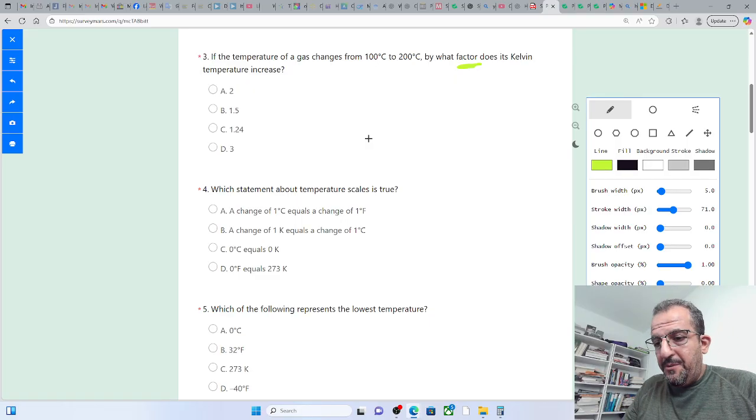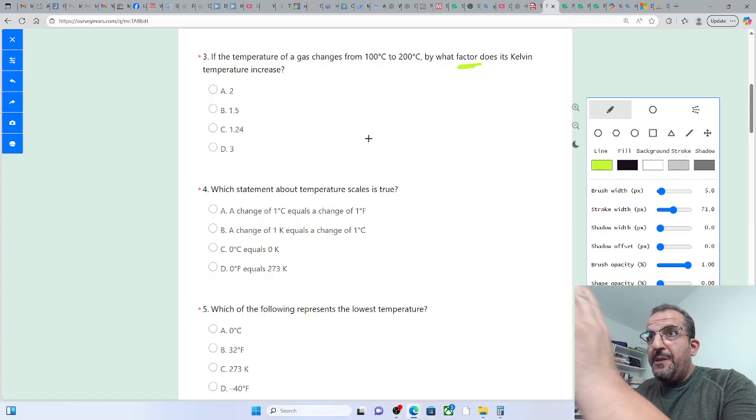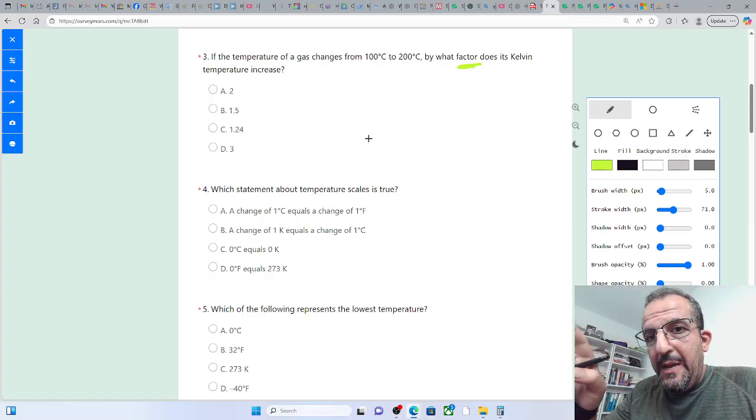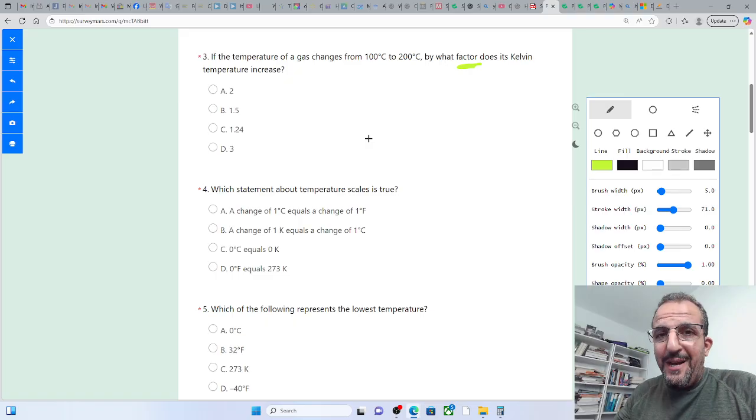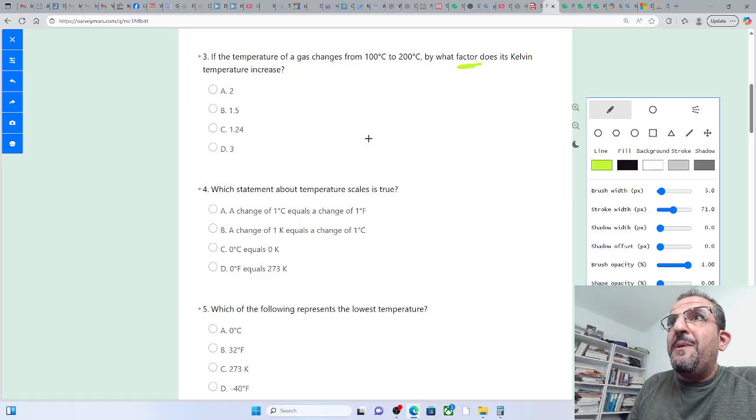Just to let you know that the screen is in front of me right now, that's why I'm looking this side, but I will keep eye contact with you guys. So we have here 100 plus 273.15.